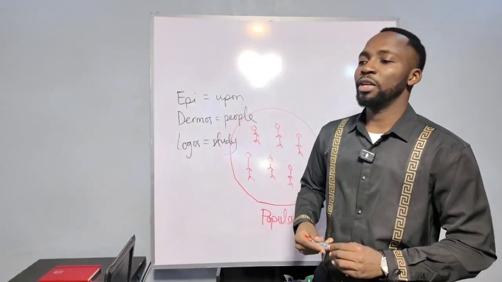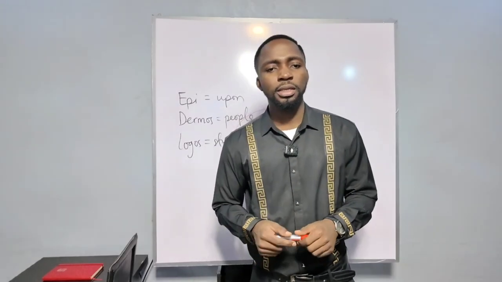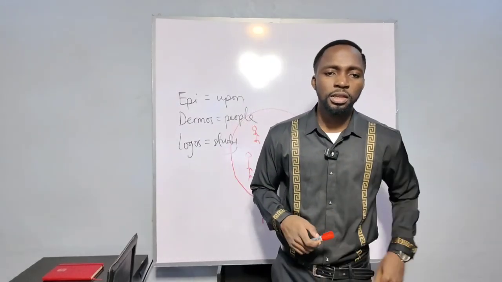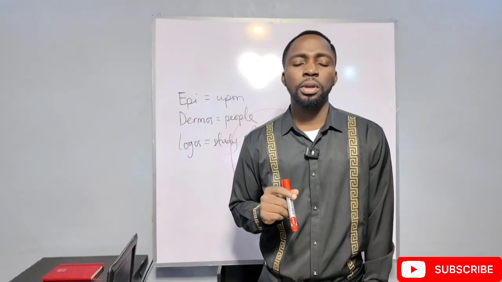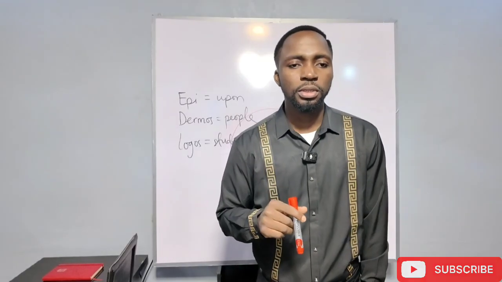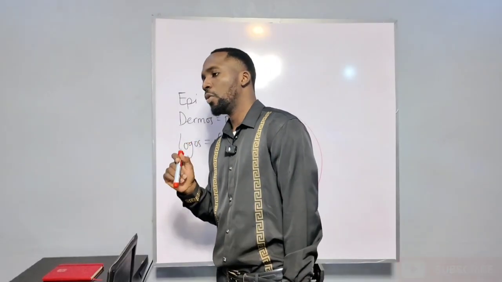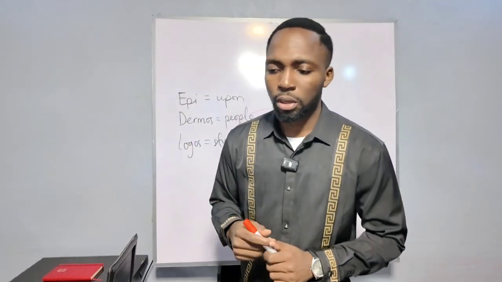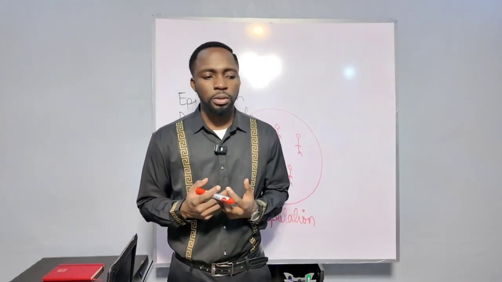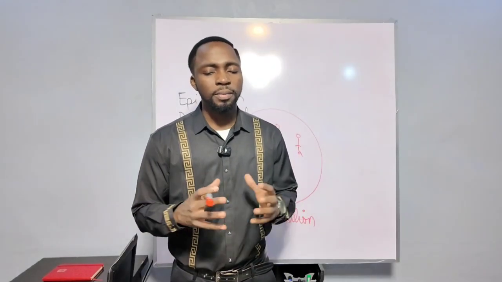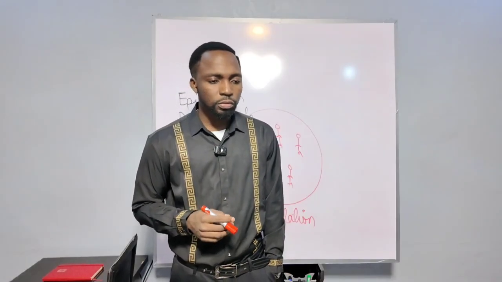The World Health Organization, however, defines epidemiology as the study of the distribution and determinants of health-related states or events in specified population and the application of that study to control health problems. I'm going to break this bit by bit so you have an understanding of what is really embodied by the World Health Organization's definition of epidemiology.